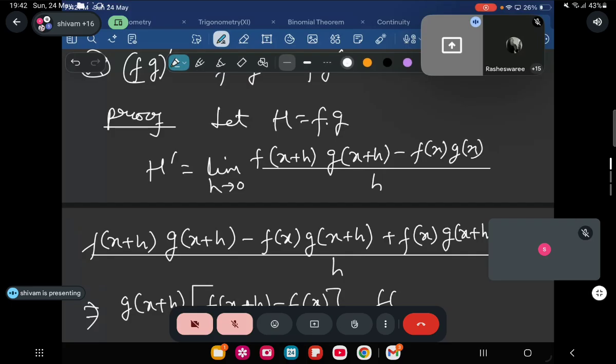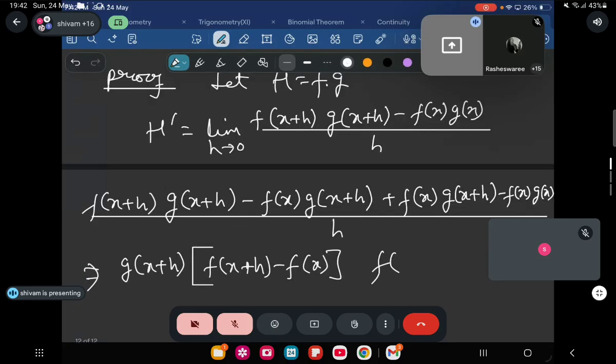Subtracted this, I've added this, f of x into g of x plus h. It's a plus, I guess, or should it be minus? Let us take g of x common. If you take f of x, it will make g of x plus h minus. Wait, I think I'm making some mistake. Wait, let me see.